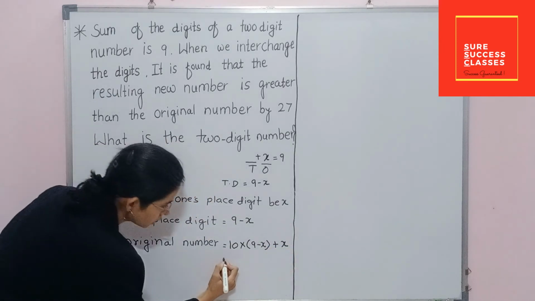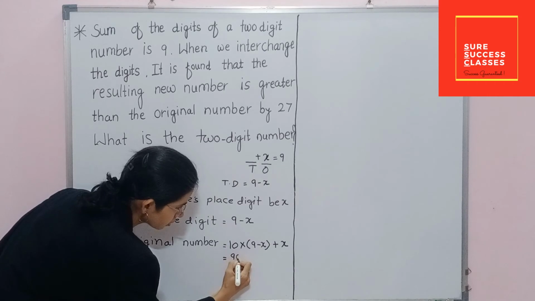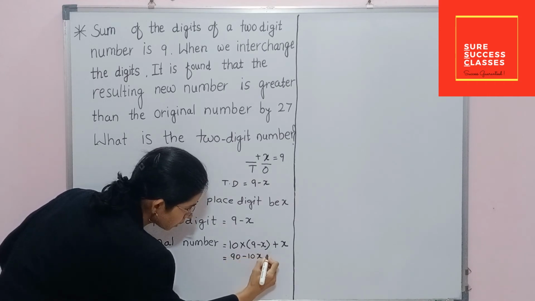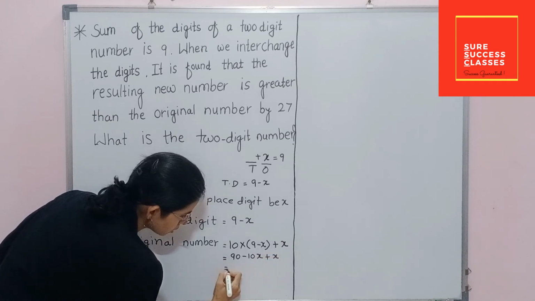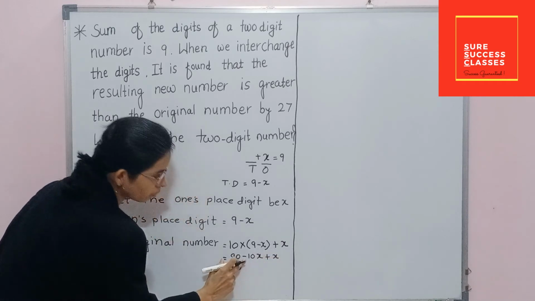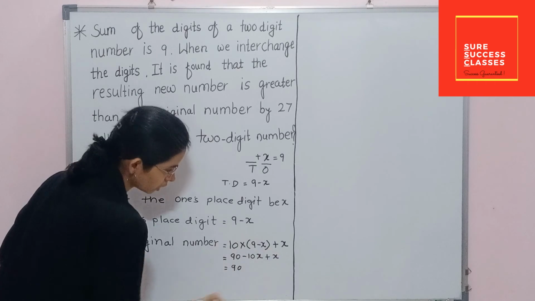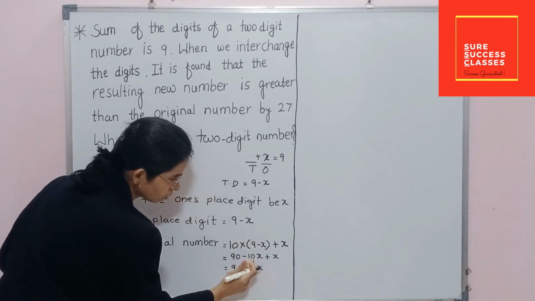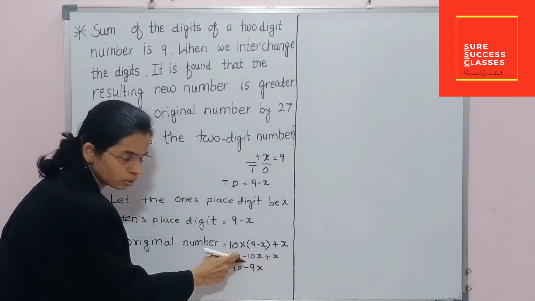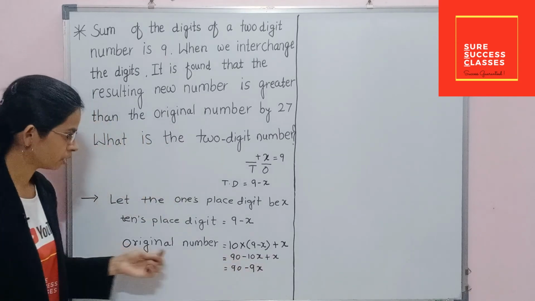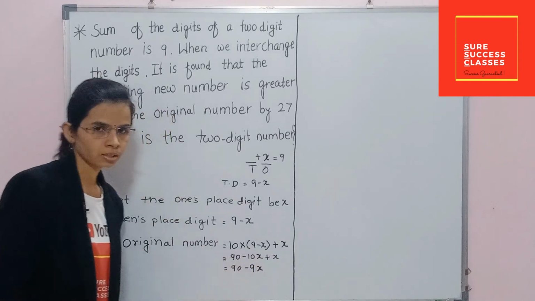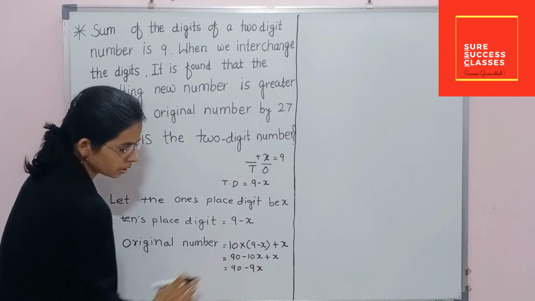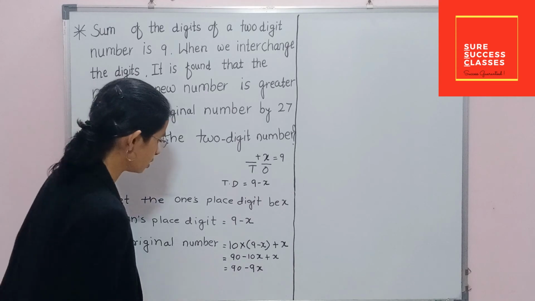So it will be 90 minus 10x plus x. It is equal to 90 minus 10x and plus 1x means minus 9x. So our original number is 90 minus 9x.